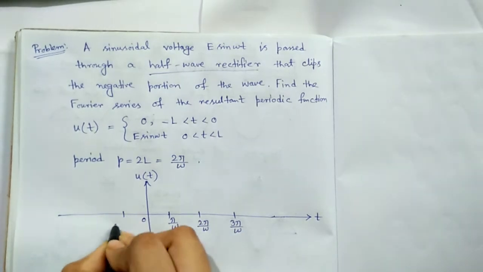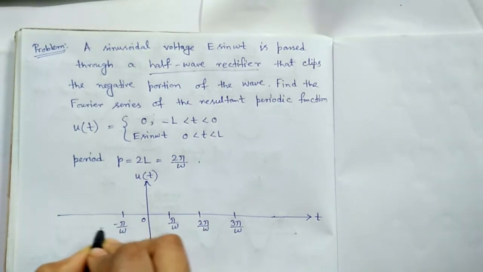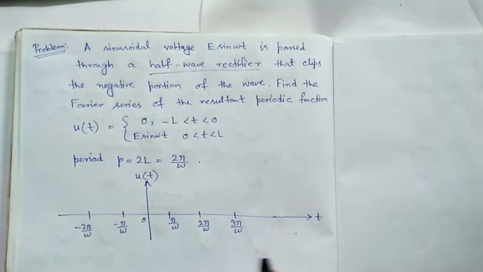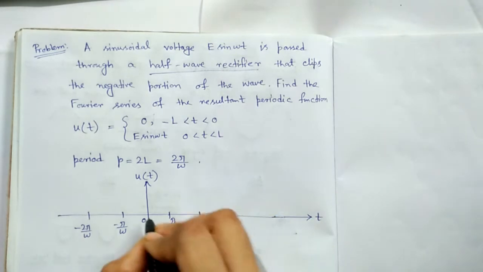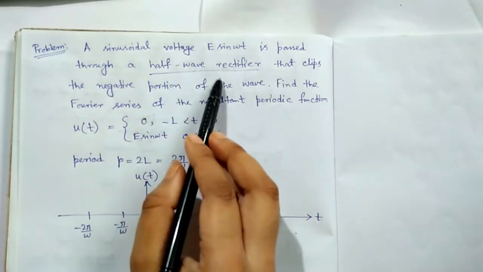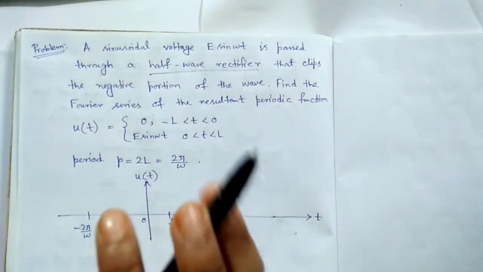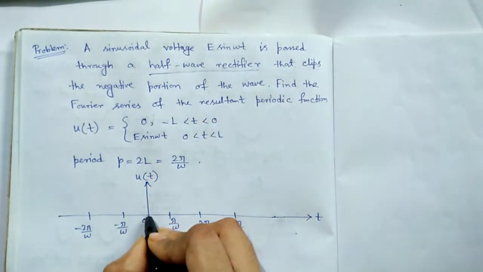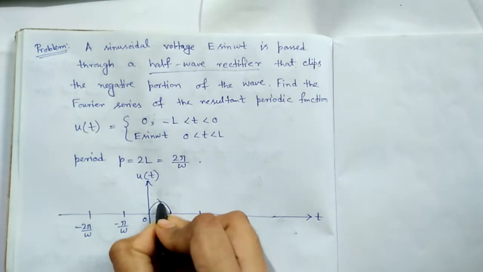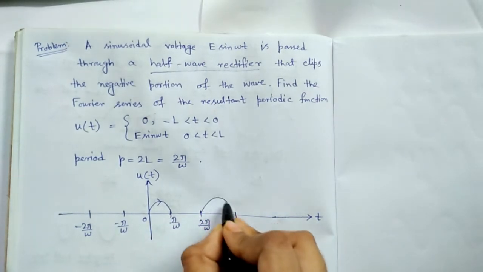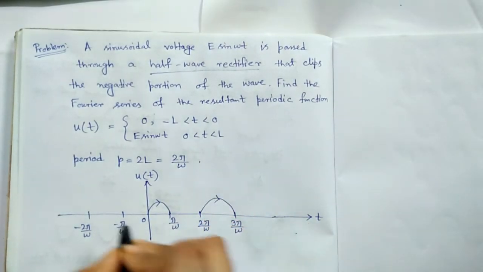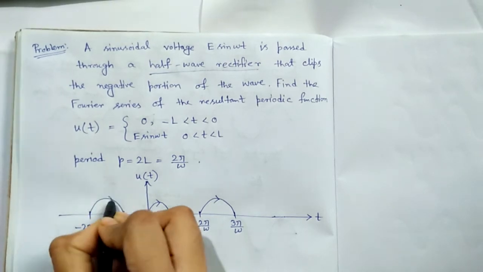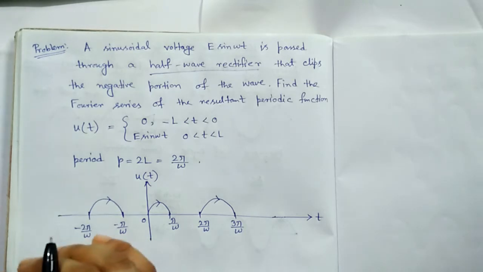And similarly this is minus pi by omega, minus 2 pi by omega, and so on. And since this half-wave rectifier allows the positive portion of the wave, this will be the wave. Okay, only the positive section.